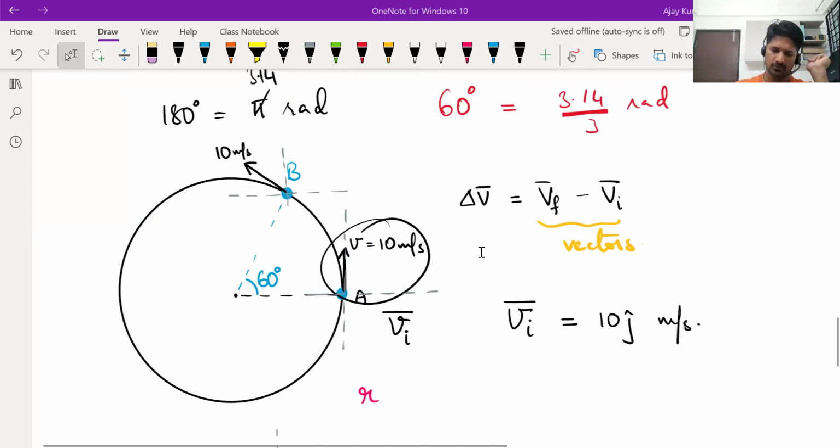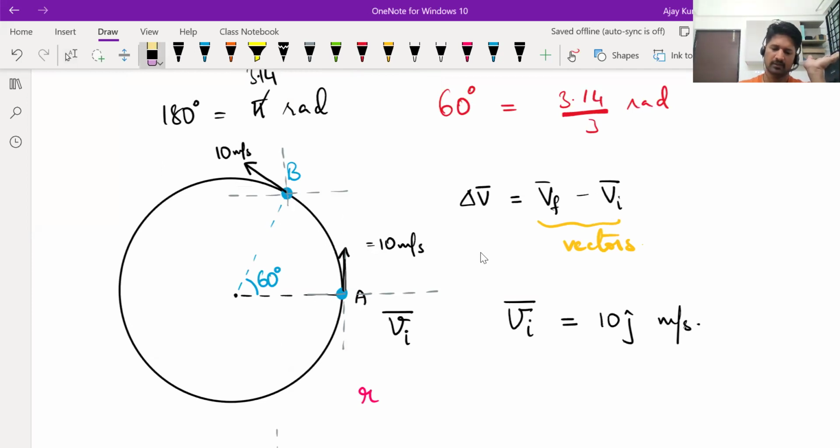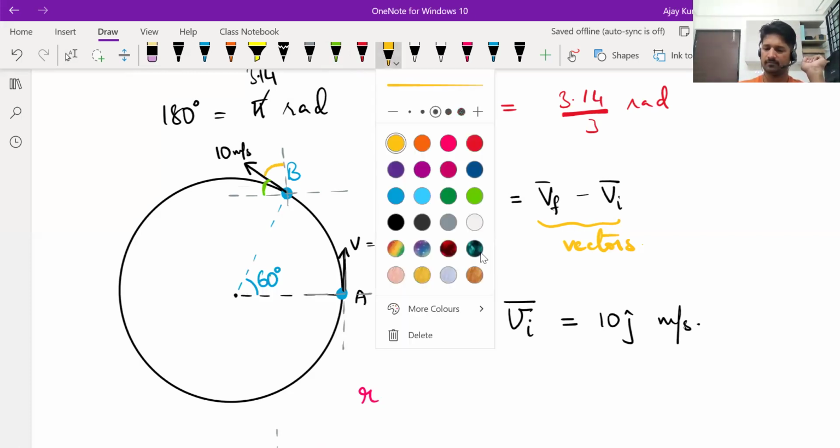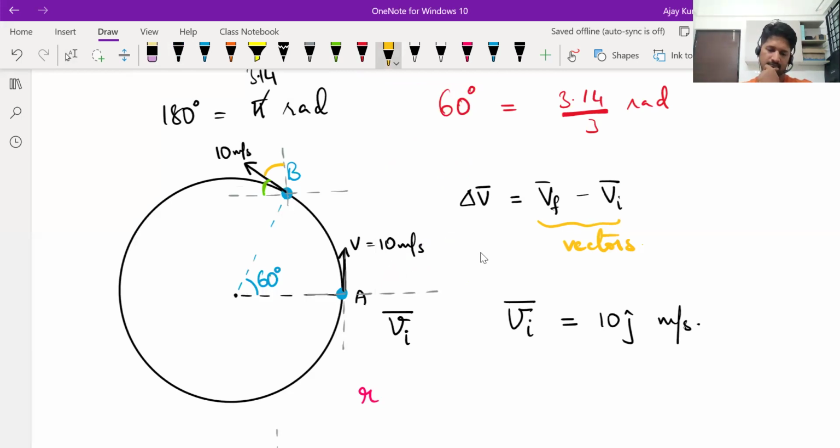Now you all use your knowledge of geometry, and tell me what angle does that final velocity vector make with the x-axis? How much would this angle be? And with y-axis also, how much would the other angle be? So 30 and 60. Okay.